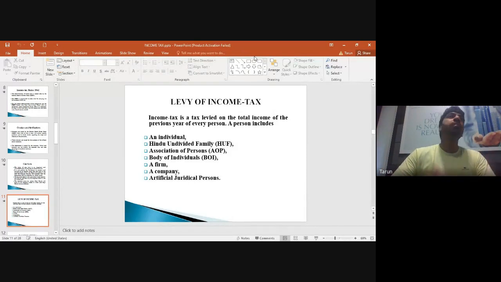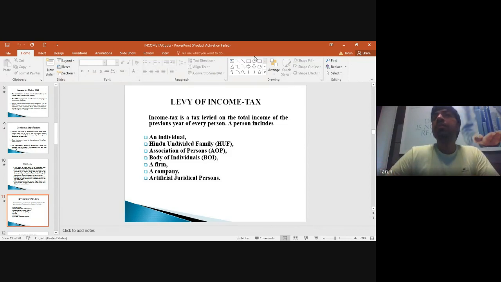Then a firm and a company work for the profit or welfare of the company, of course considering the matters and issues related to income tax laws during the financial year or during the years.